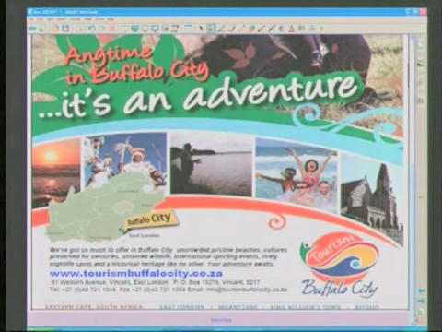And if you look at, for example, something like this, www.tourismbuffalocity.co.za, based on what we know in terms of information technology these days, it might mean something to us.